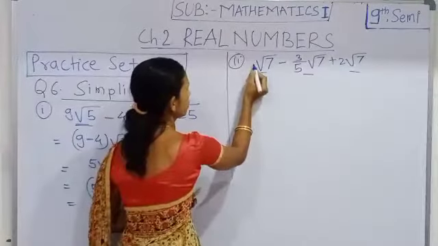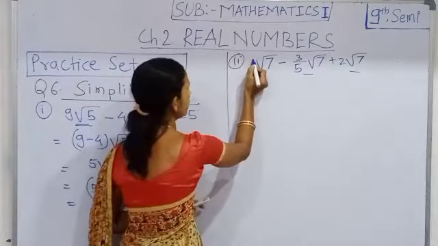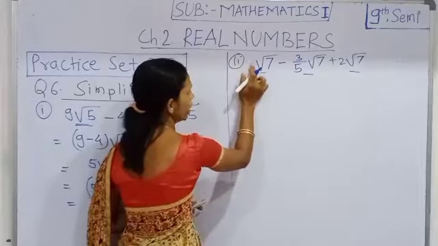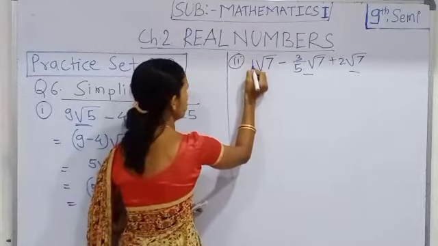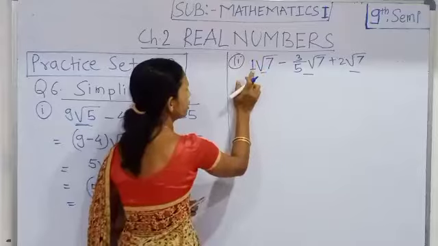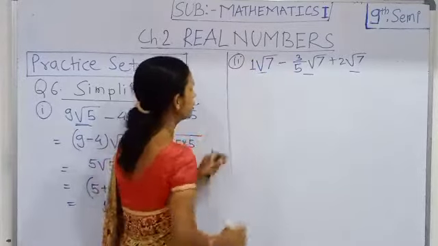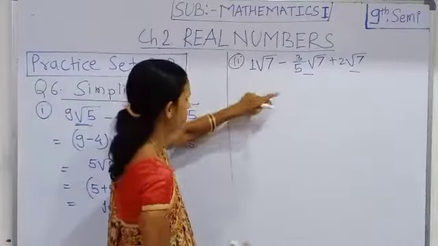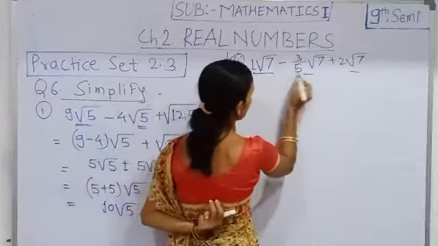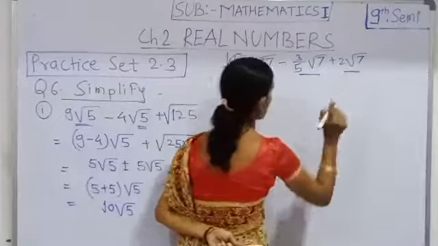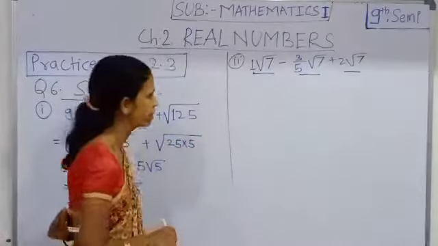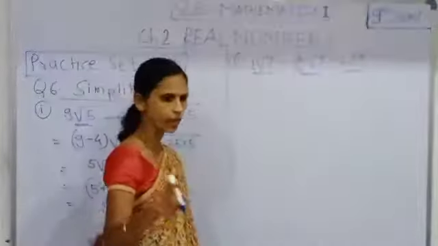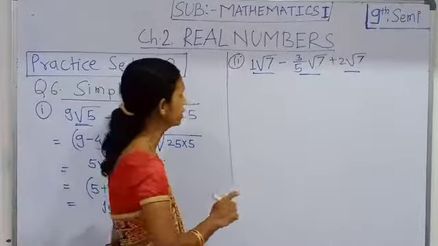Here we can't see the value of p. Therefore, when there is no number here, we have to write 1 into root 7. Then all of these are like surds, therefore we can do the subtraction as well as addition.